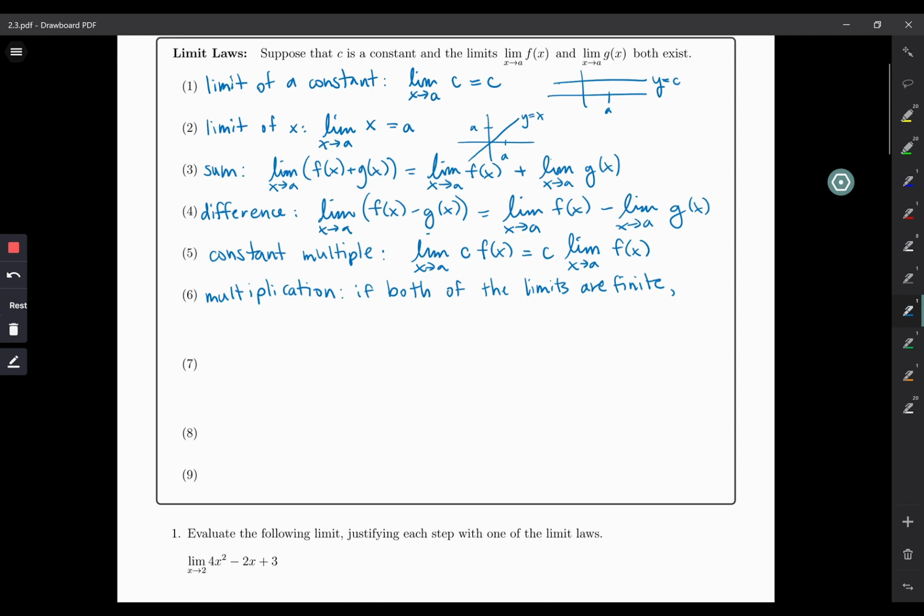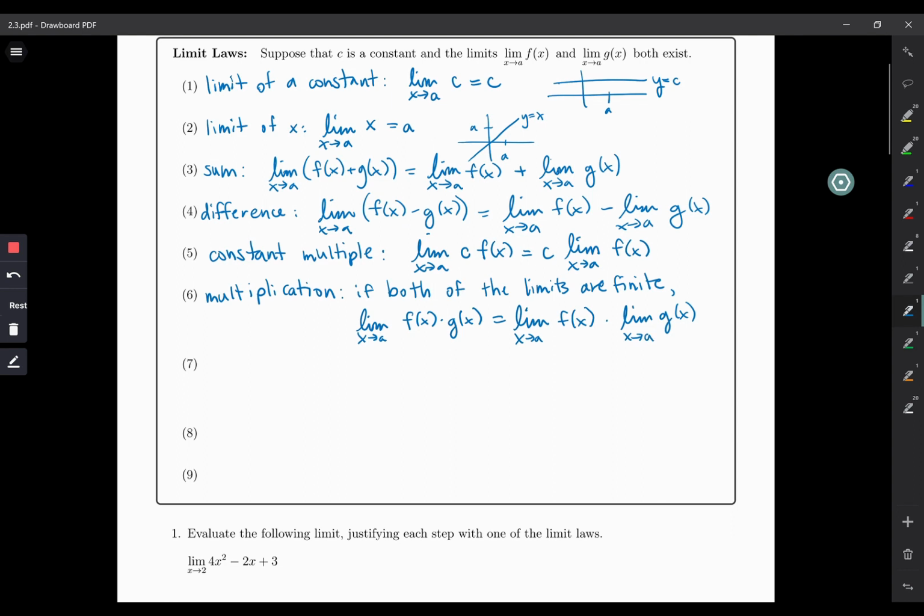It actually won't come up for a while, but when we get to L'Hopital's rule, I will talk about this again. But this will always work if both of the limits are finite. If that is the case, then the limit of f times g is equal to the limit of f times the limit of g.